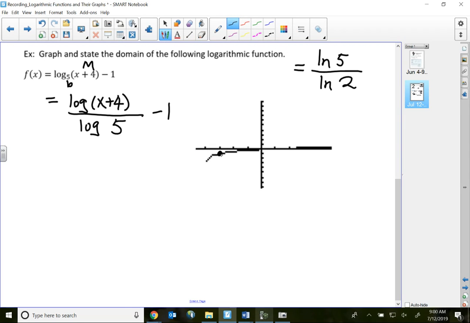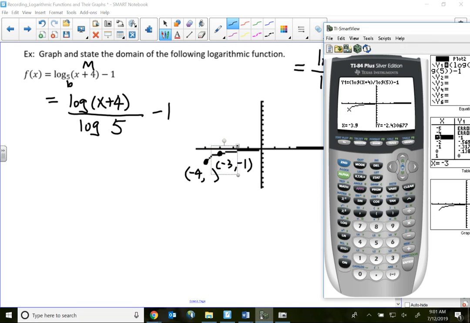I can say this point is negative 3, negative 1. So my starting point is at negative 4, but the y value here is undefined, which is true because negative 4 plus 4 will be 0, and log of a 0 is undefined.